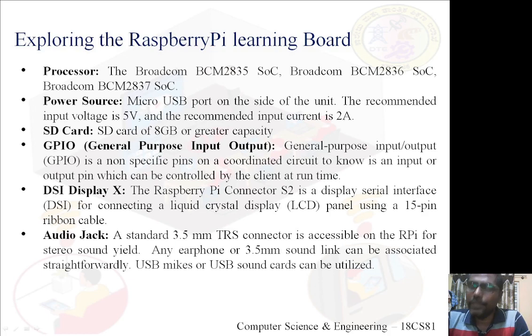Then we have seen the audio jack. I said the earphone you are using for your mobile, you can plug it to this Raspberry Pi computer. Not only your earphone, you can even use a USB mic or USB speaker too.